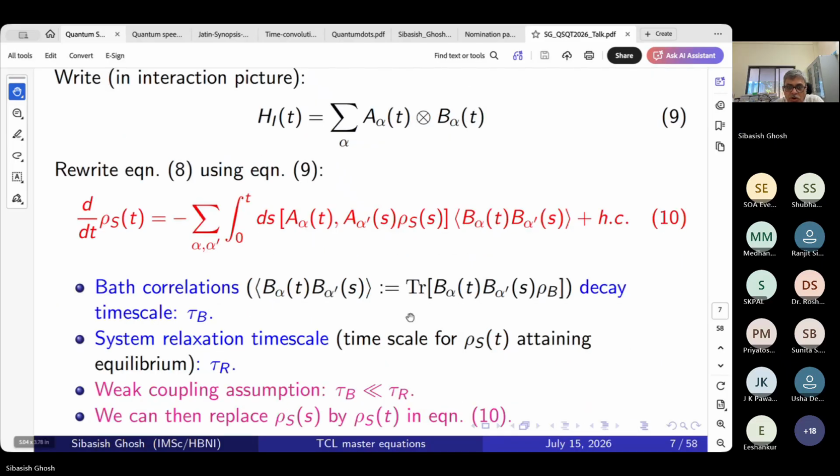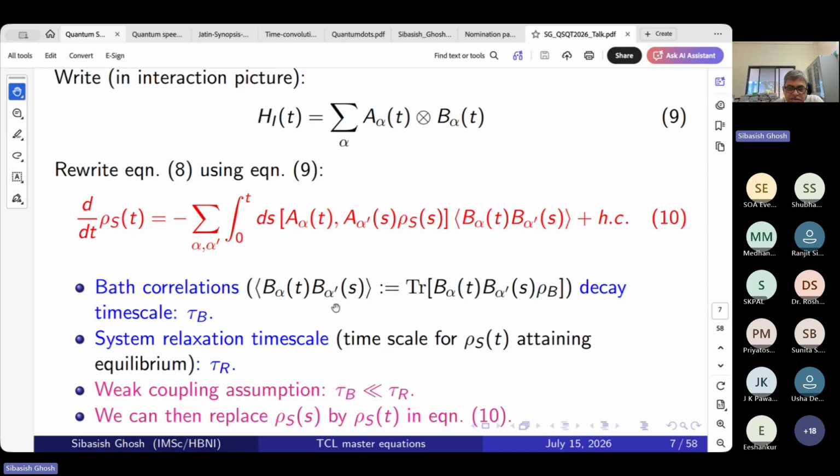What we assume is that there are time scales: the bath correlation decay time scale, the system relaxation time scale, and so on. You assume that the bath correlation time scale is much faster.